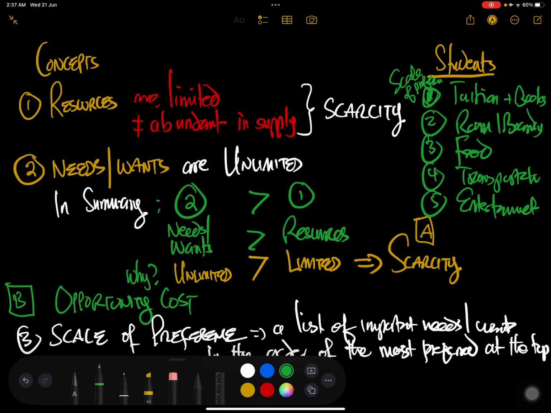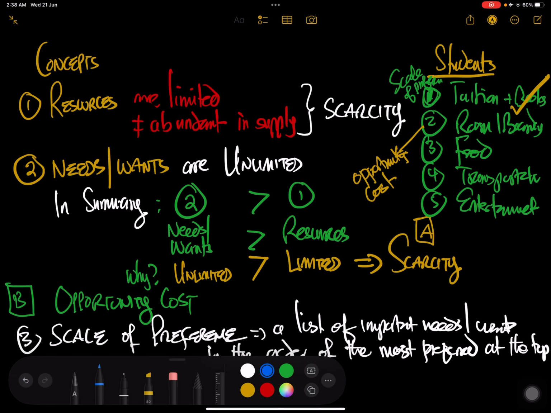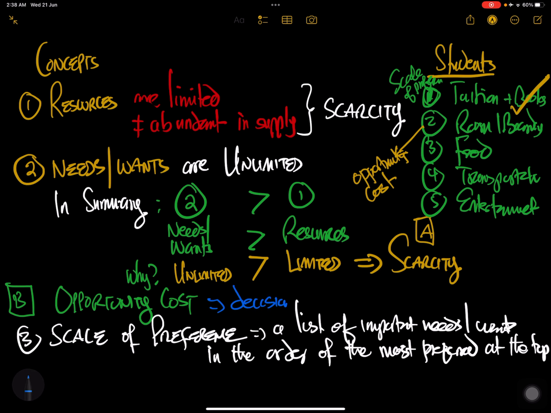Now, if the student decides to go ahead with decision number one first, then number two becomes the opportunity cost. The opportunity cost is the decision foregone, or the alternative foregone. You could have made a decision on the room and board, but you ignored it. And once you've ignored it, it has a cost of its own for making the decision of number one.